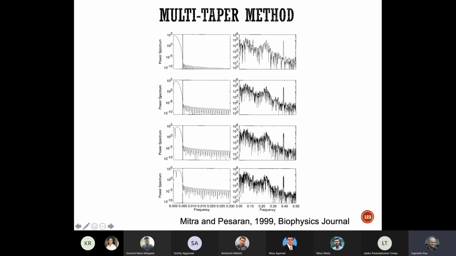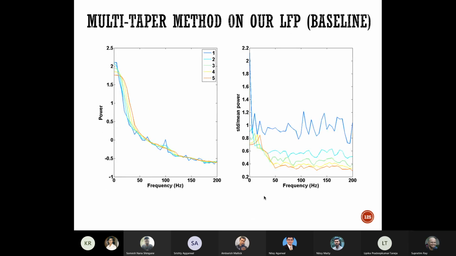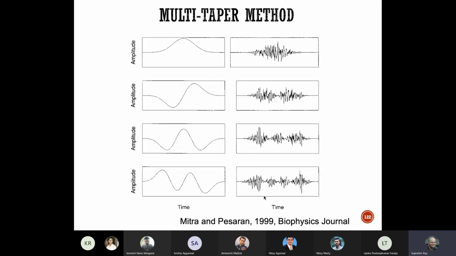That is why you're getting multiple estimates at each frequency. Right? So when I use multi-taper method, it's not that my different tapers are actually looking at different frequencies of the signal. I'm using the multi-taper method here when I say I'm going to take the windowed Fourier transform with this window. So what am I doing?